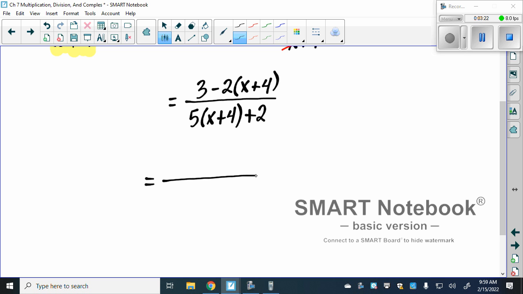Well, we will have to multiply through and simplify, because there's a chance that we could have something that simplifies or something in common on top and bottom.